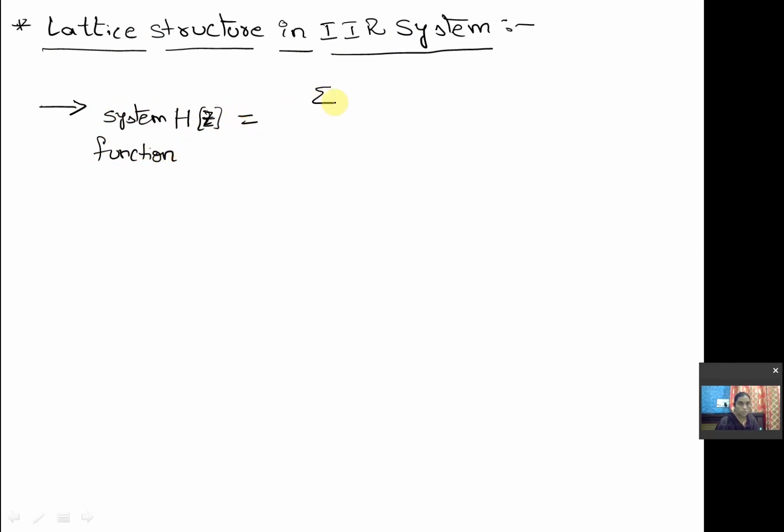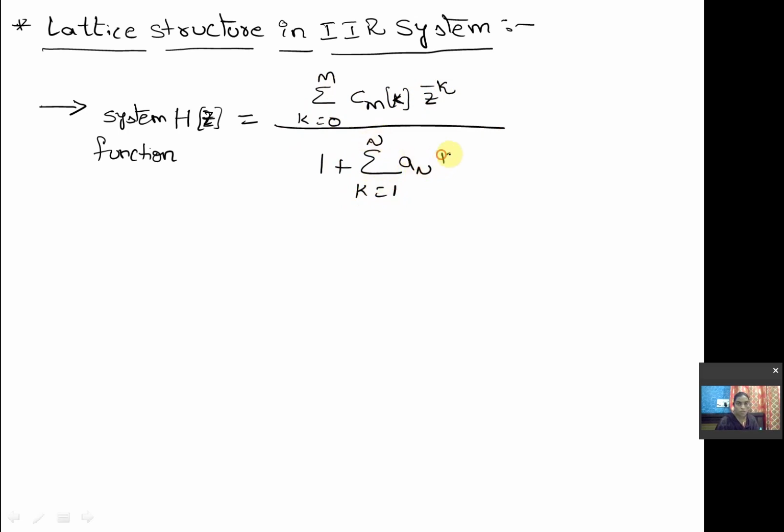So it has the numerator and denominator polynomials. I am using these symbols here: Cm of k, z power minus k, where k is 0 to m. Now here is 1 plus summation k equals 1 to n of a n of k, z power minus k.